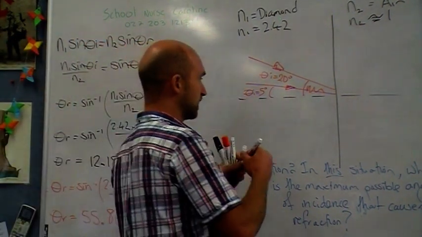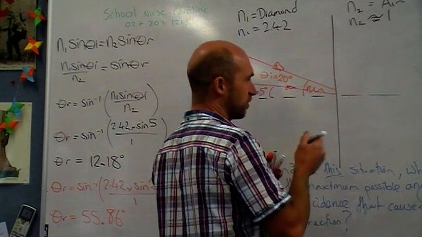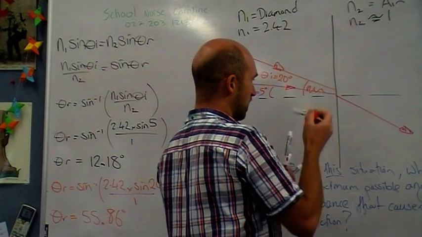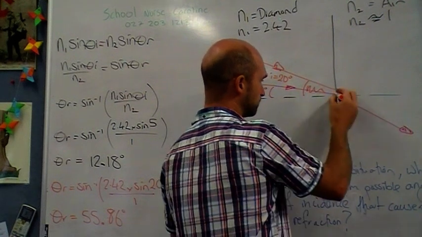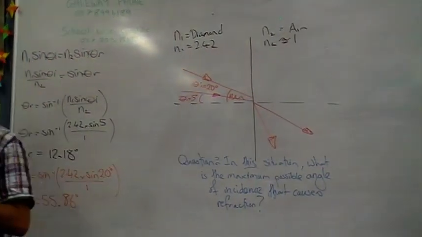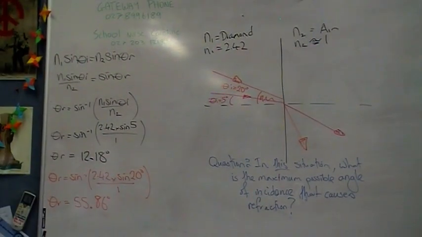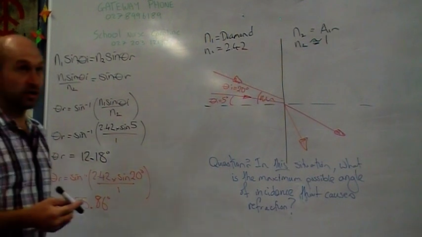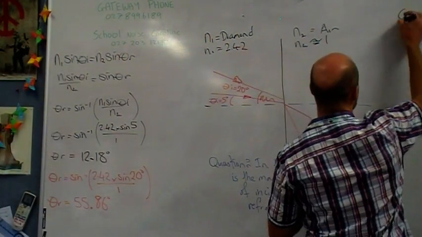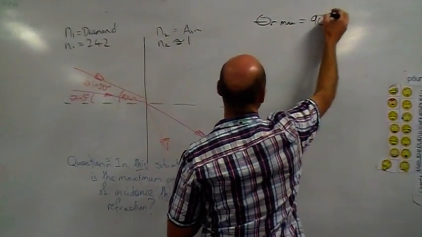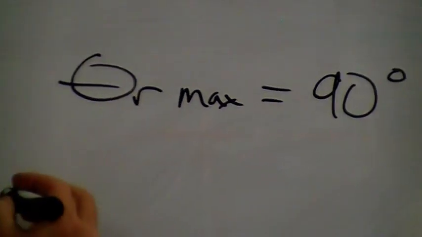It's going from more dense to less dense, so it's refracting away from the normal. So the maximum possible angle of refraction is 90 degrees. So theta r max is 90 degrees. Let's have a look at what that does.